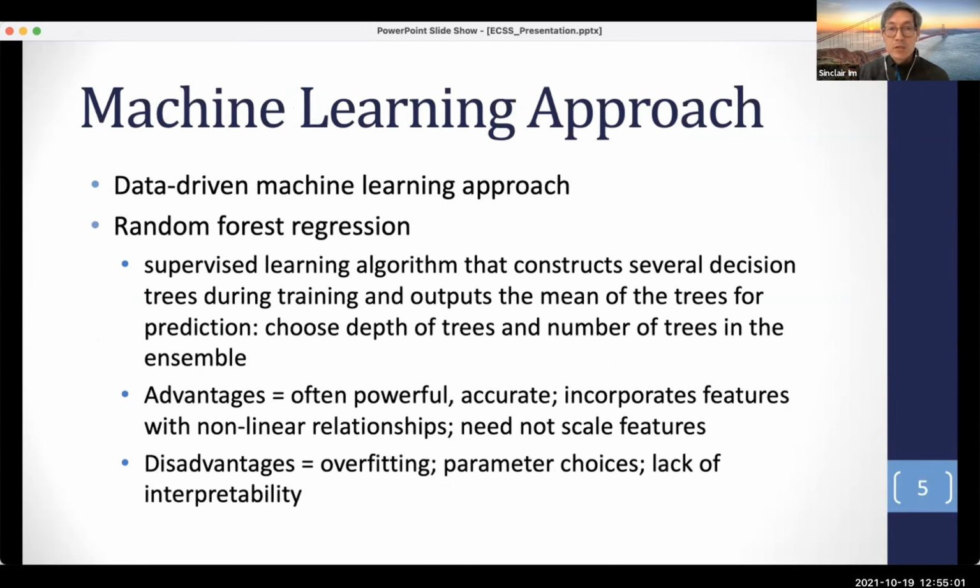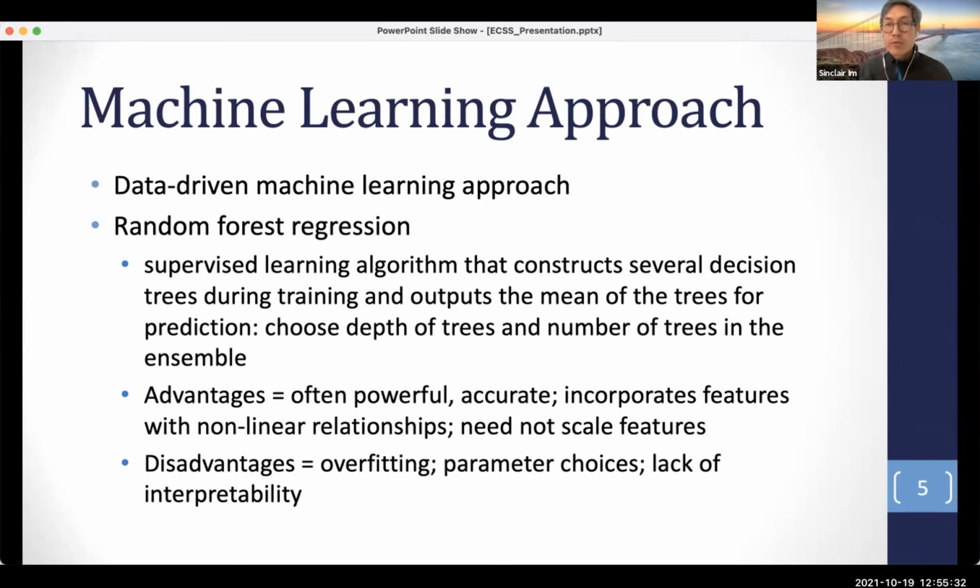So we tried a lot of different approaches in machine learning. And for this small case study that I'm showing, we ended up with a fairly simple approach that was robust, and that's random forest regression, which is a supervised learning algorithm that constructs several decision trees, and then you come up with some sort of average response from those trees.